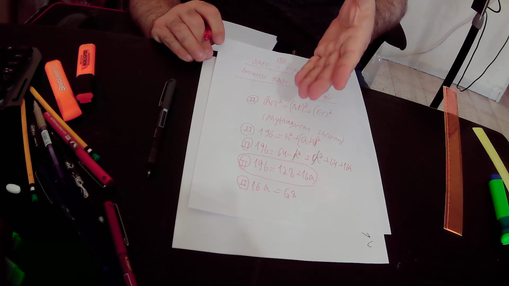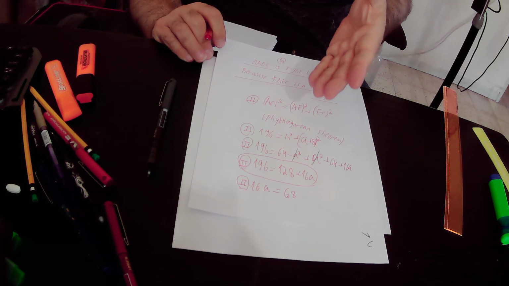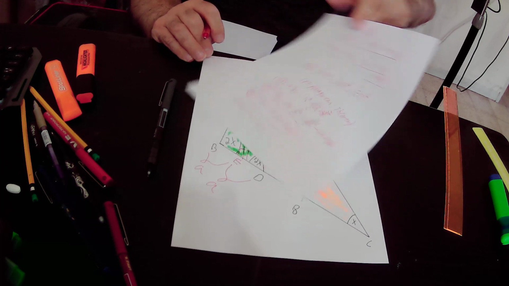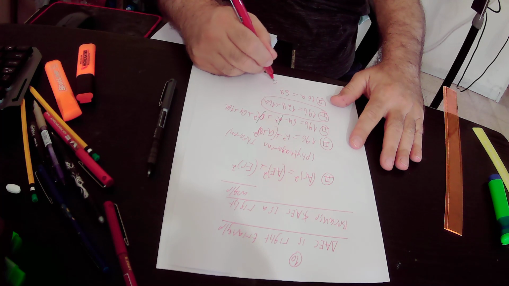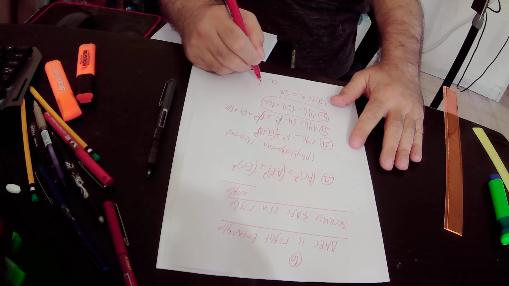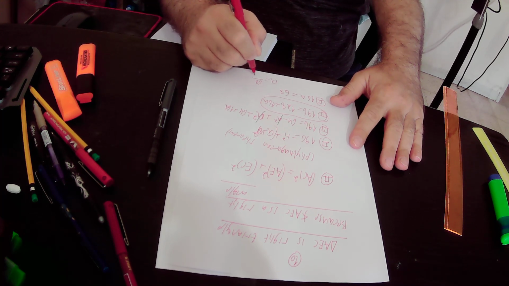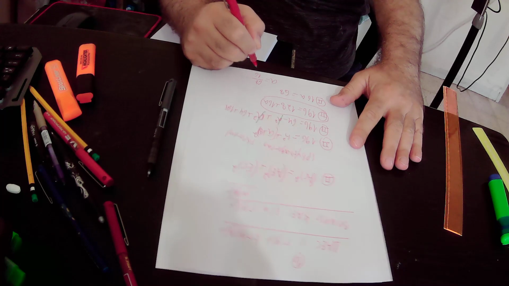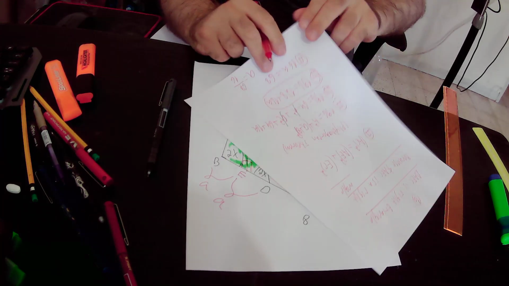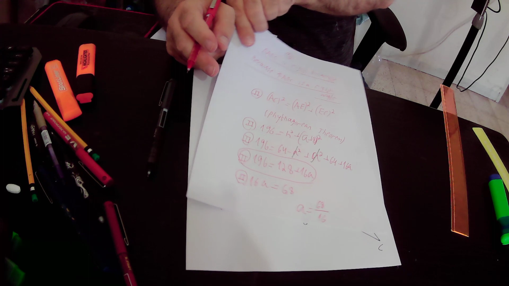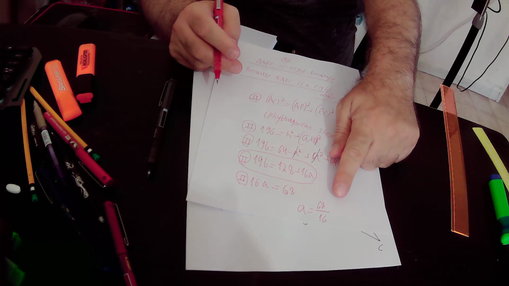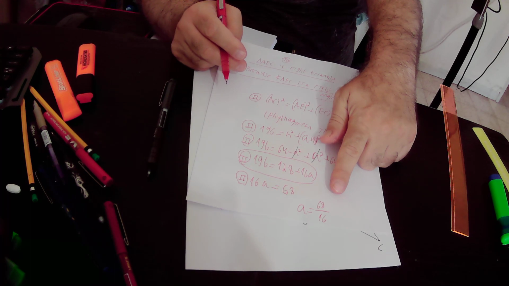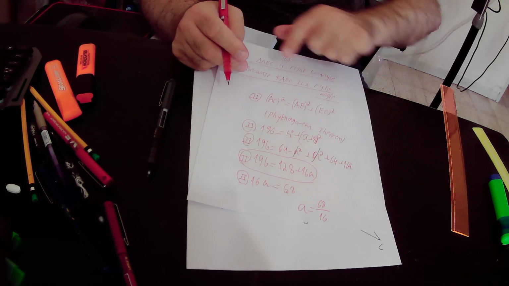Here we will divide the equation by 16 in order to get the value of a. We will get that the value of a is actually 68 over 16. We can divide the numerator and the denominator by 4. 68 over 4 is 17, and 16 over 4 is 4.